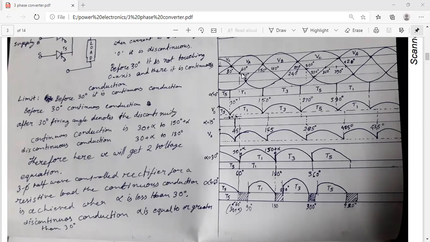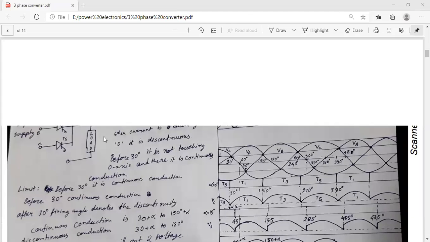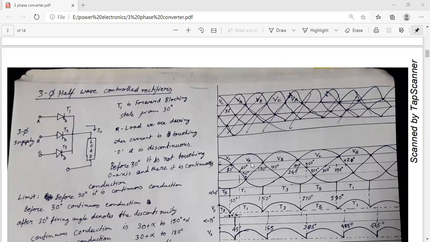This is the phase diagram. That is, for each phase the supply is given like this. So you can see in this three-phase diagram that since T1 is connected with A phase, it is starting from the point 30 degree.